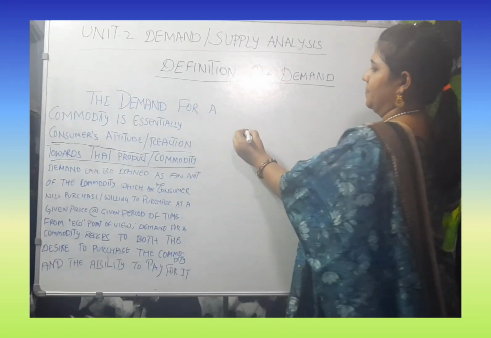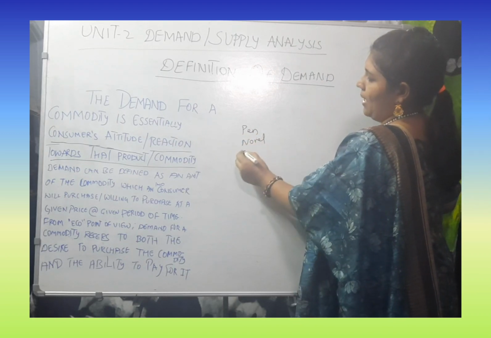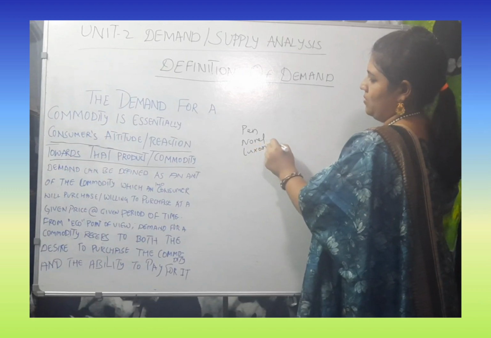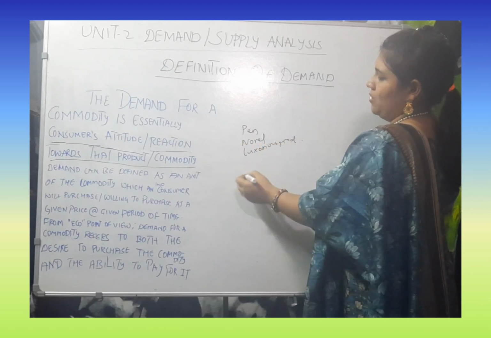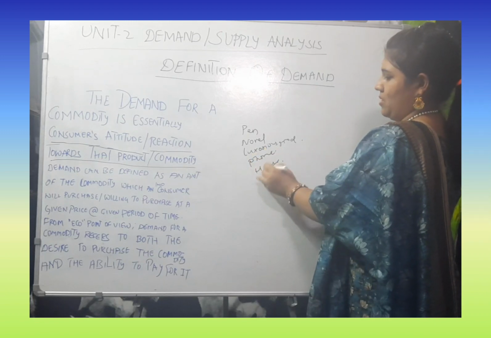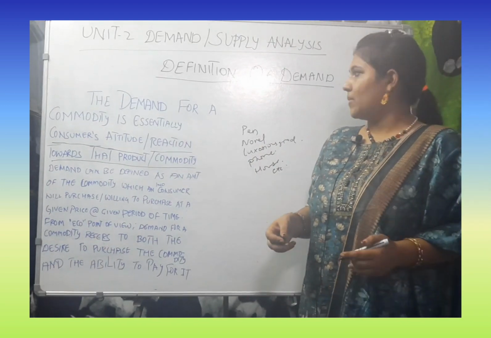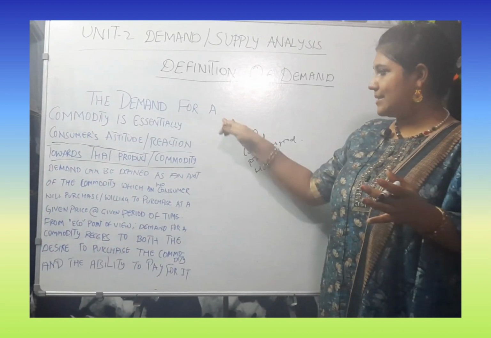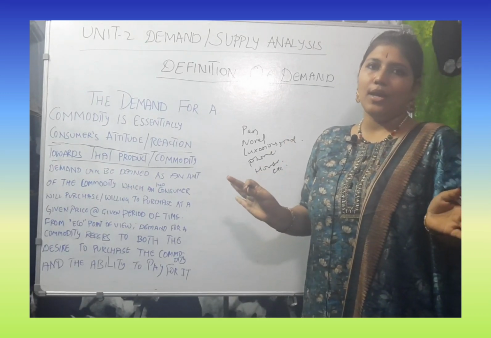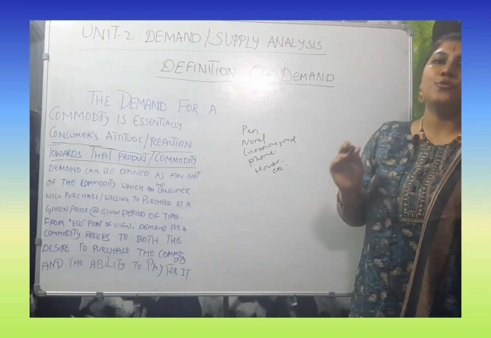That can be about anything: a pen, a novel, a luxurious good, a phone, a house, etc. Everyone has these desires, and when they see them in reality, that turns into demand.